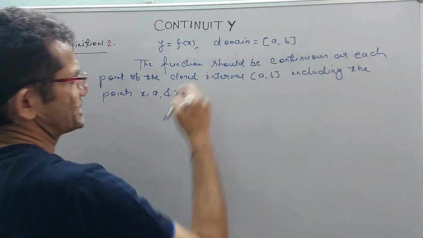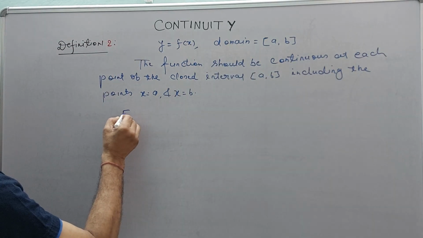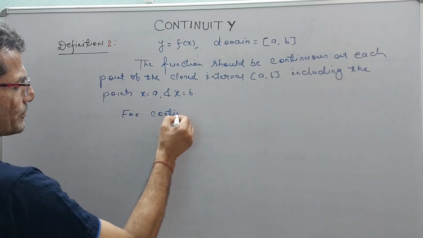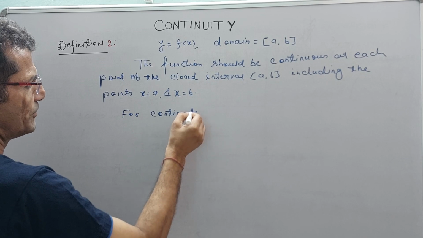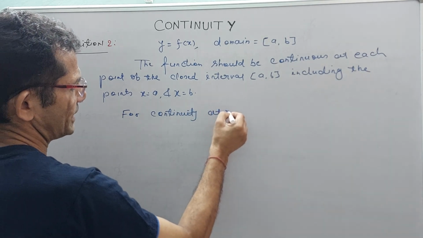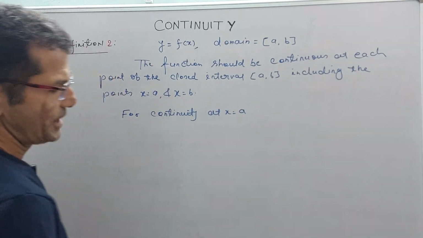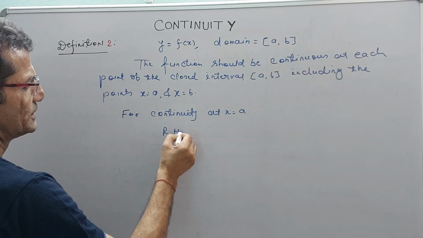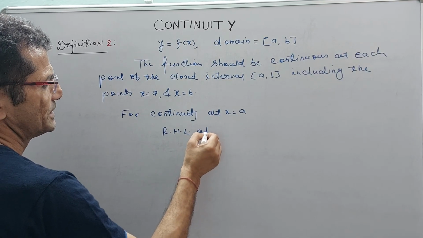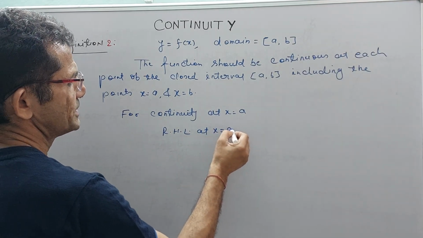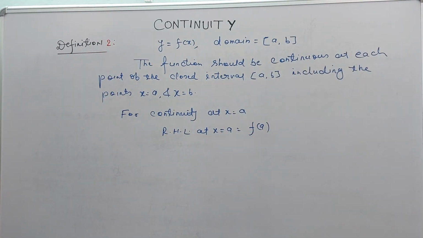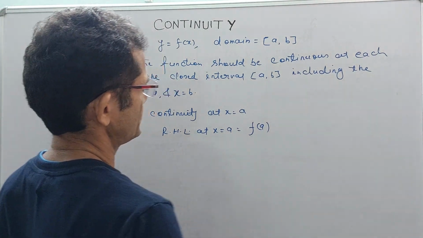So for checking continuity at x equal to a, we have to check only the right hand limit. The right hand limit at x equal to a should be the functional value. So here we have the formula: the right hand limit at x equal to a is equal to the functional value.